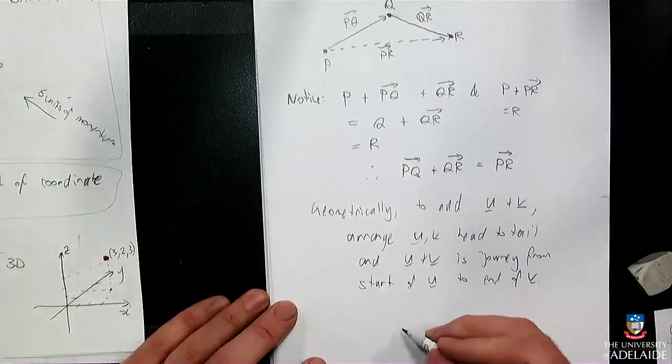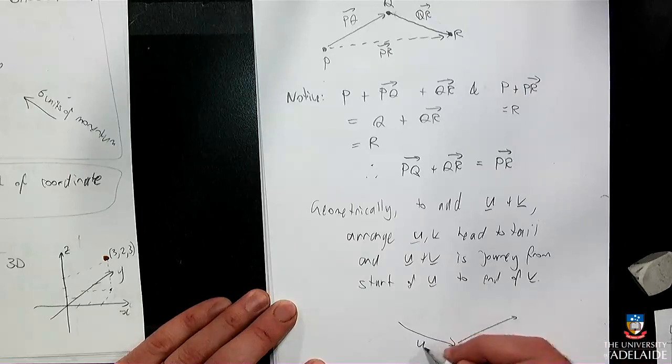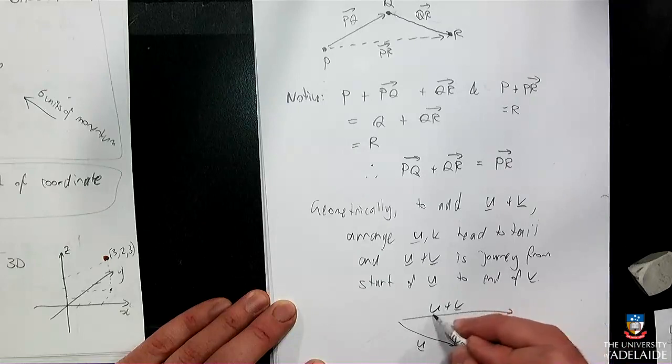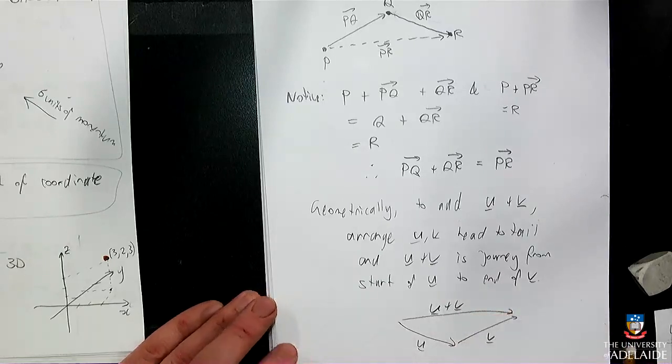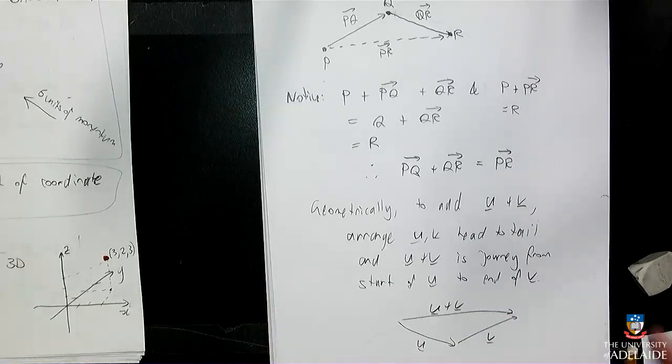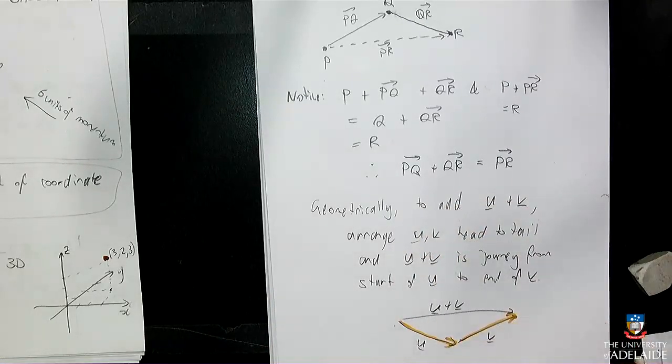It doesn't really matter what direction they're going. I'm just going to colour them in different colours. So there's u, there's v, and there's u plus v.